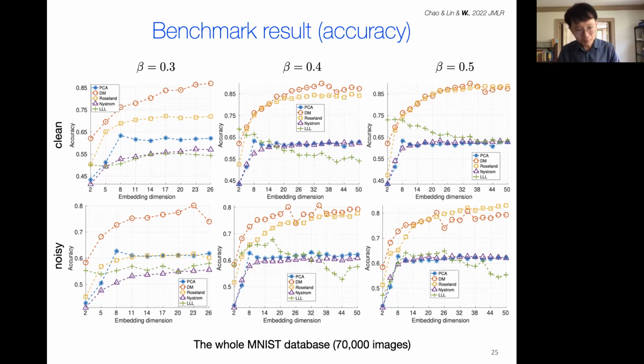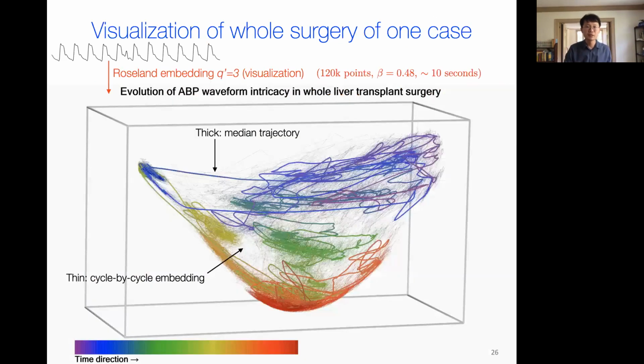So you can see there's a dramatic difference. And even when the data is noisy, the accuracy can still go up to almost 80%, which we feel comfortable about.